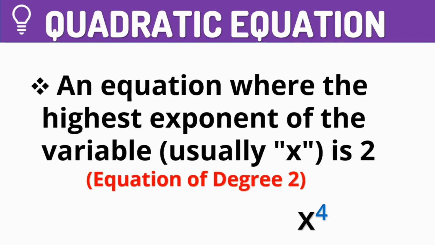Just a recap or a recall about the exponent. The exponent is written on the upper right of a certain number or a variable, just like this one, x raised to 4. 4 is our exponent. So here in a quadratic equation, the highest exponent is 2. That is why it is called an equation of degree 2.